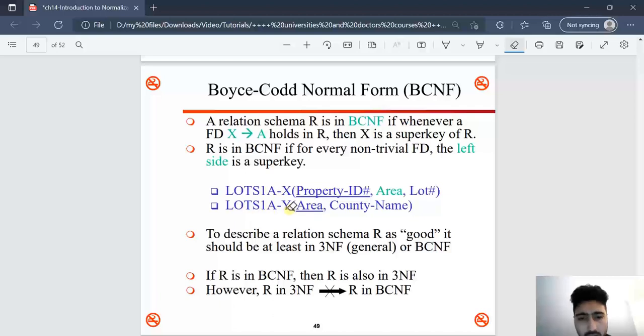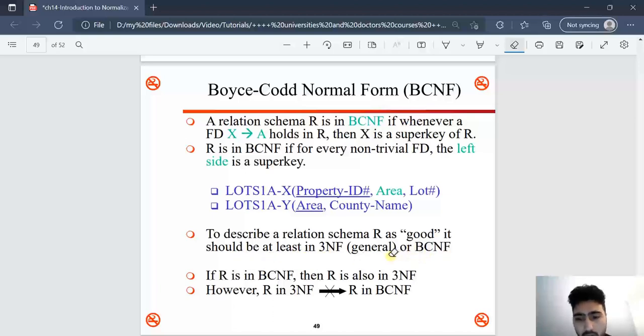After converting our relation from 1NF, then 2NF, then 3NF, then BCNF, can we say that the final result is a good relation schema? To describe a relation schema as good, it should be at least in 3NF or BCNF.